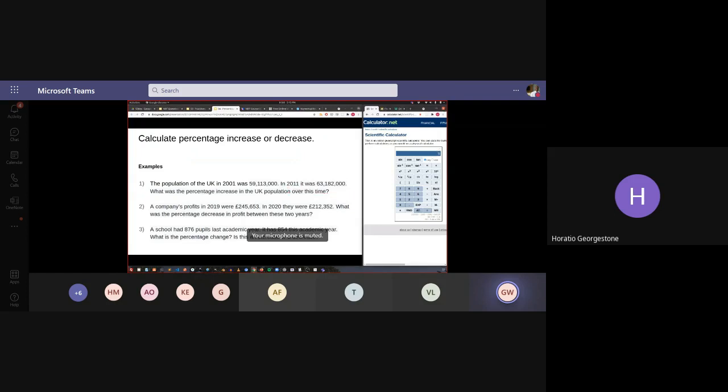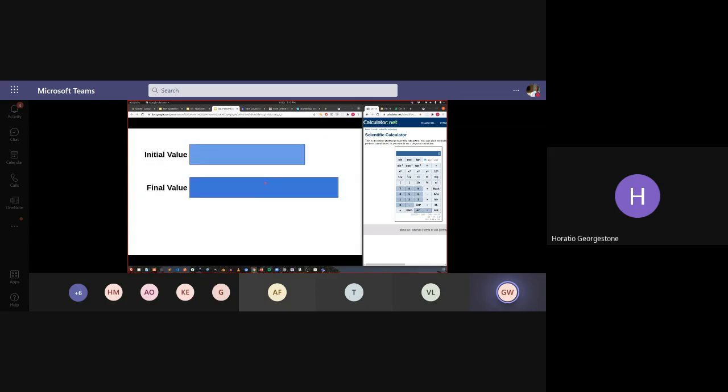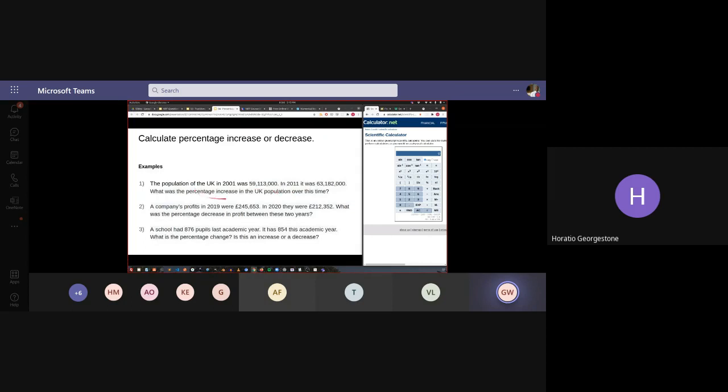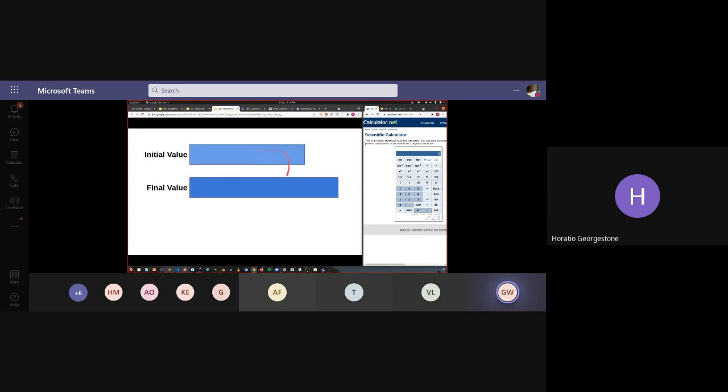Okay, so the way we want to think of this, all of these type of questions, we have an initial value, a final value, and then the amount of increase or decrease. Okay, and we're looking for what was the increase or decrease as a percentage of the original amount. Okay, that's what percentage increase or decrease means. It'll be clearer when we go through the example.